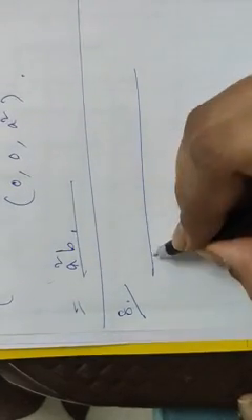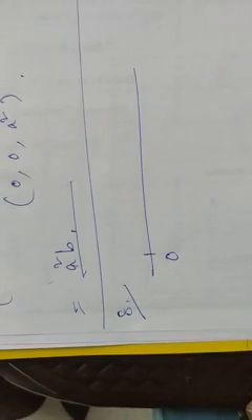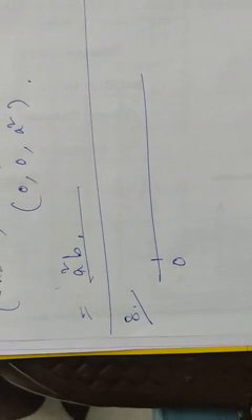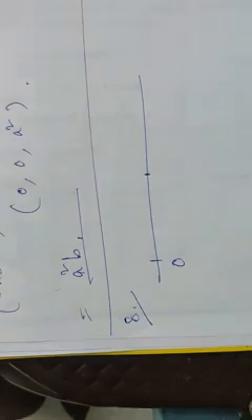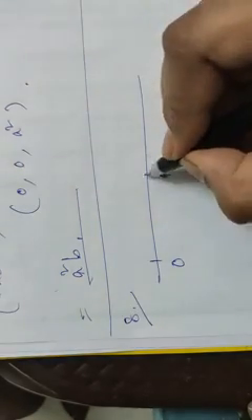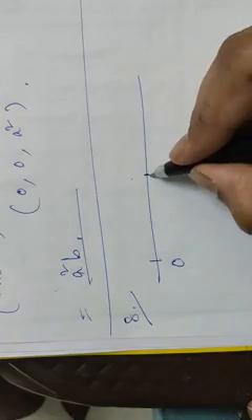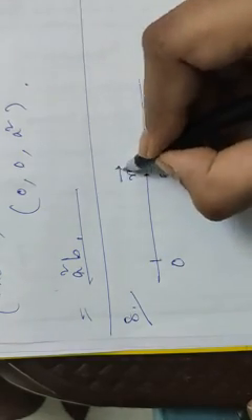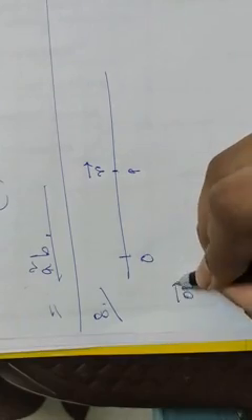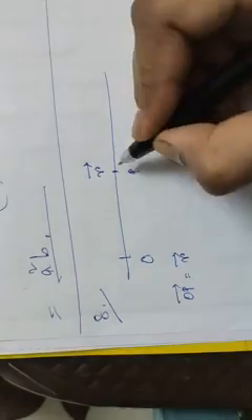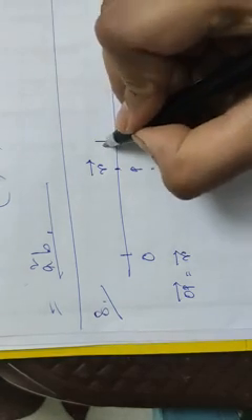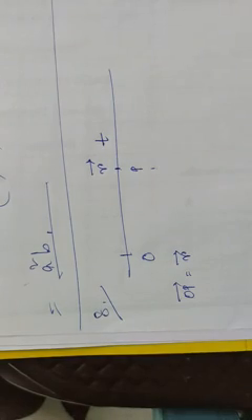Suppose this is our origin, a point is moving, and r is the displacement vector at any time t of the moving point. Suppose the point is here, P. So its position vector or displacement is r. That means we can write OP equals r, at some time t.